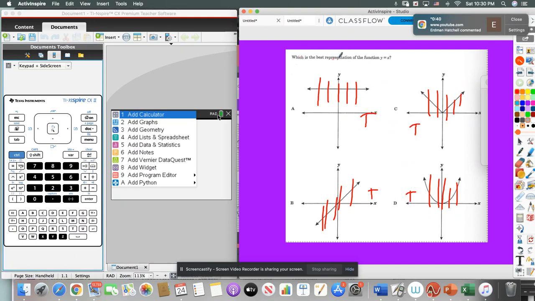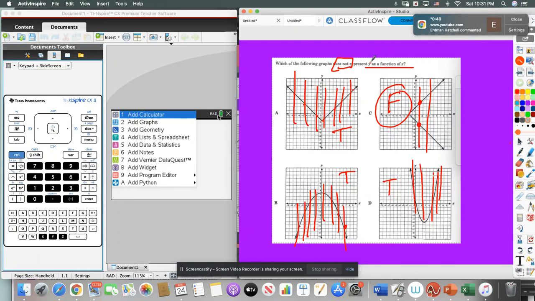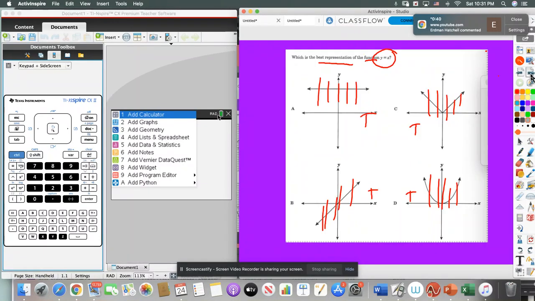So looking at this question, which is the best representation of the function y equals x? This one asks it a little bit differently. Going back here real quick, remember it says y as a function of x. That's asking if it passed the vertical line test. This is asking y equals x, where y equals x is the linear parent function.